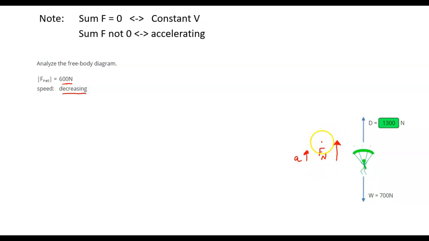That means the forces in the upward direction must be larger than the forces in the downward direction. If we have a net of 600, the upward forces must be 600 larger than our downward forces. Since these are our only forces, we simply say 700 plus 600 is 1300, and that's how we get our upward force.